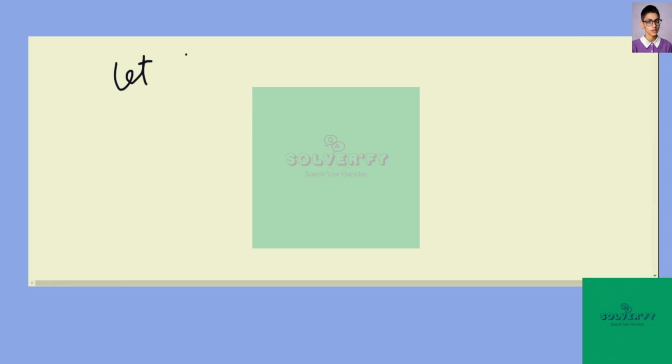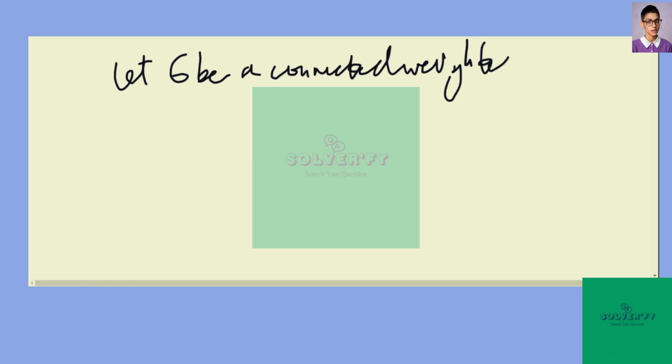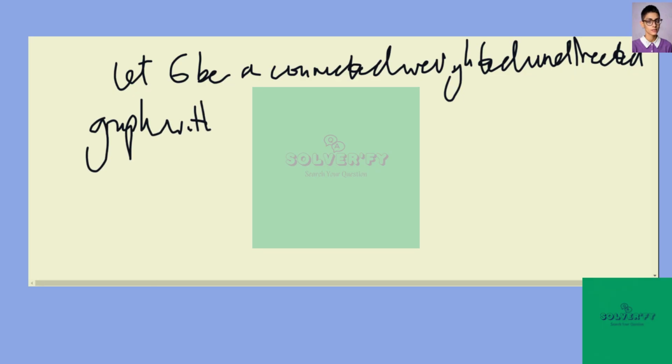So first of all, let G be a connected weighted undirected graph with n vertices. And first of all, construct a forest of n trees, where each tree has one vertex.